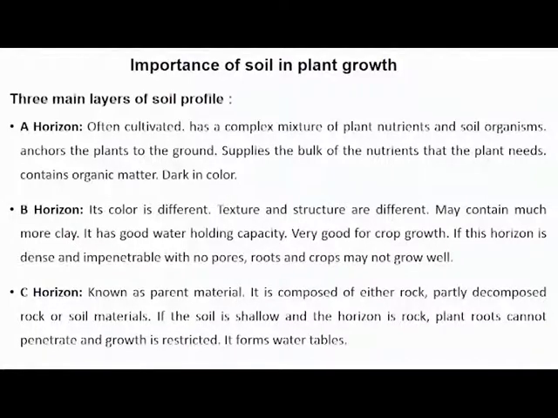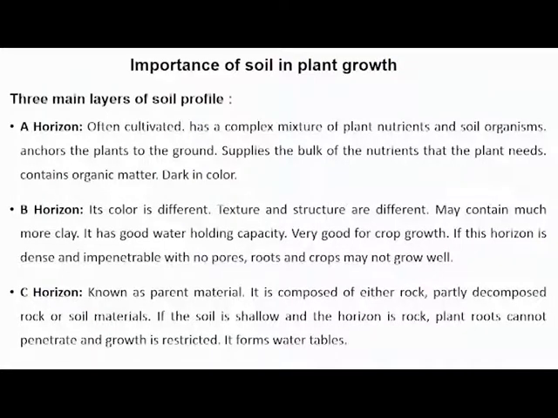Now, talking about how soil is important for plant growth, I want us to look at the three main layers of the soil profile. The soil itself is divided into three main layers, which are very important for plant growth. These layers include the A horizon, the B horizon, and the C horizon.